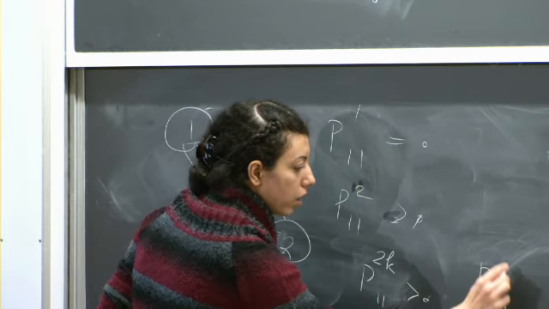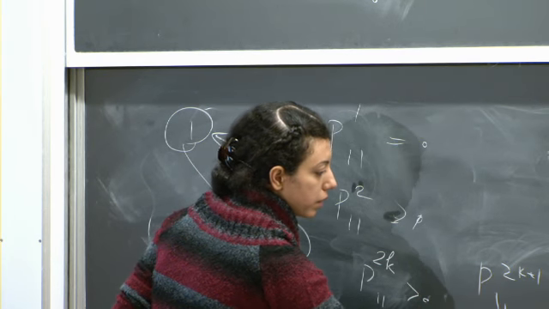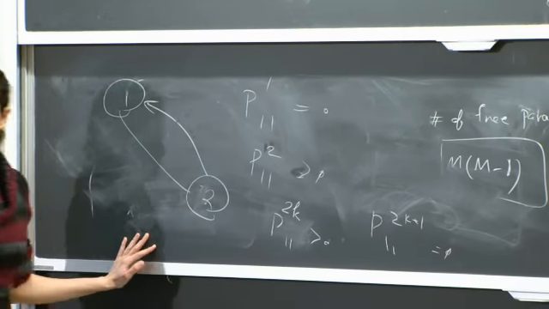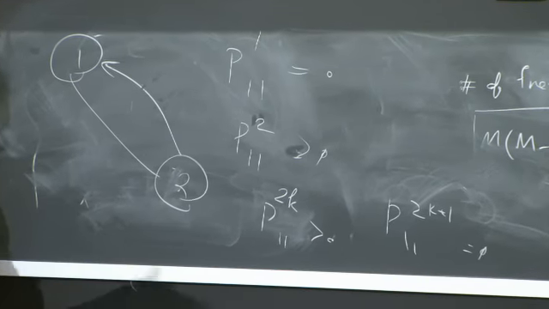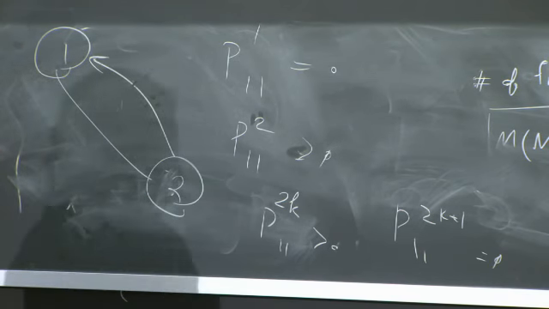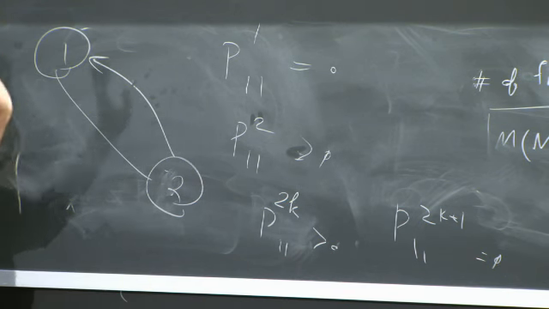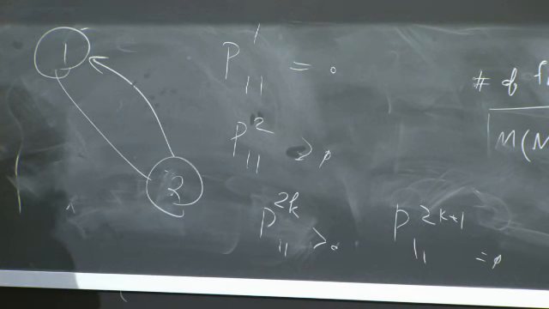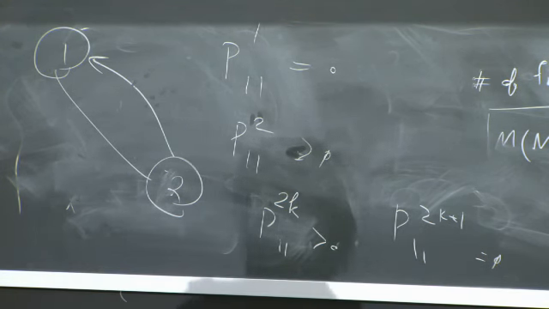But for all odd numbers of steps, it's 0. And actually, you can prove that 2 is the greatest common divisor. So this is the very easy example to show that it's periodic.